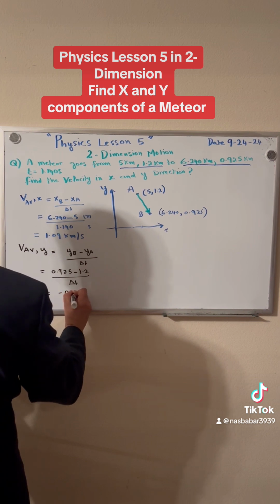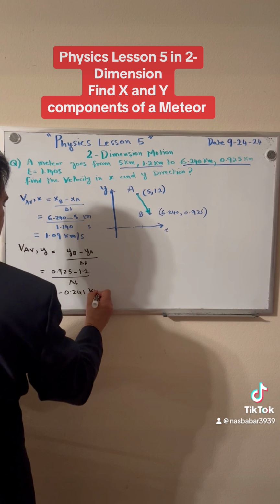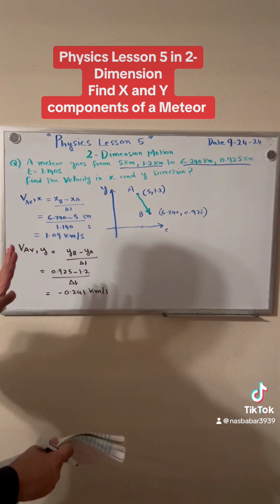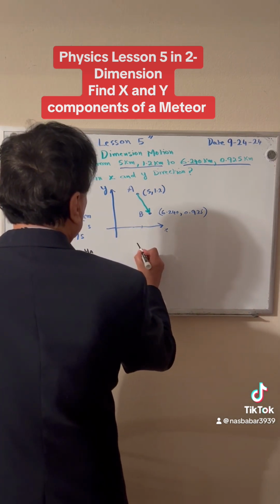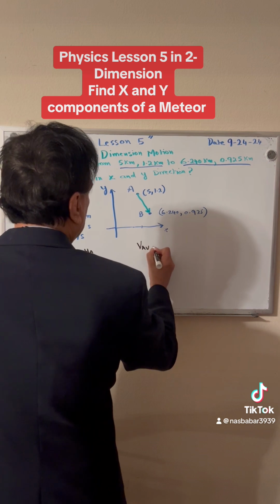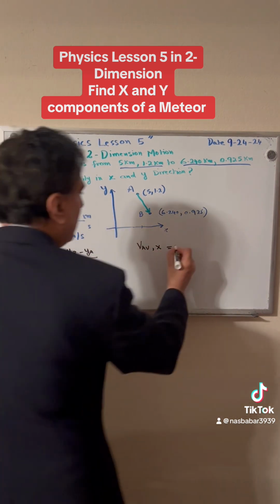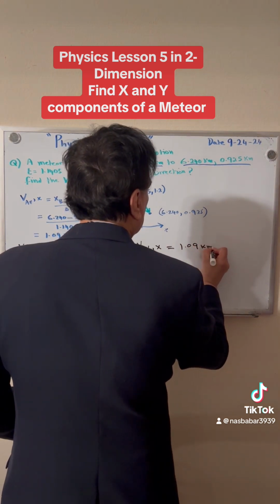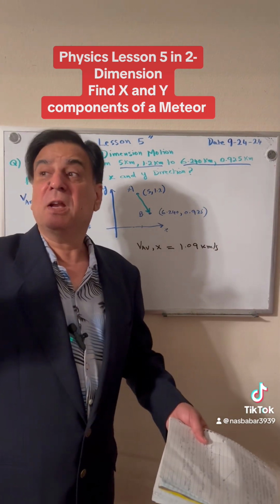Wow. Now let me explain why we have this negative. First of all, we just found that v average with respect to x is 1.09 kilometers per second. The meteor is flying. It might even have curved motion.